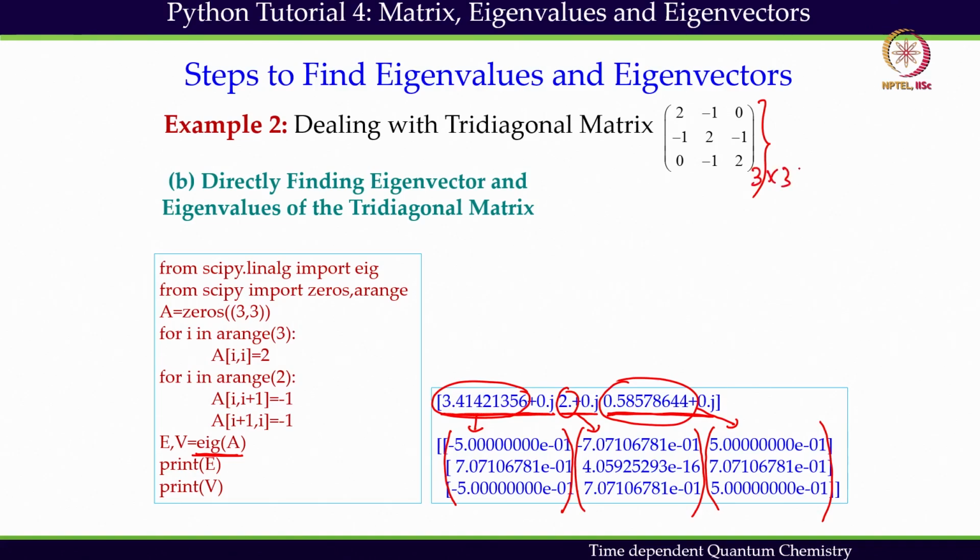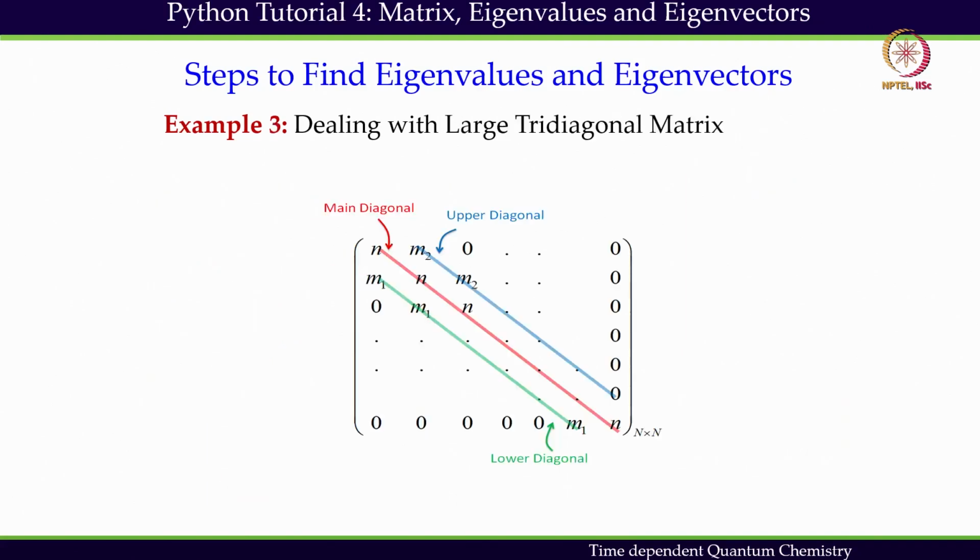In that case it can be very quick, but when we are dealing with a very large tridiagonal matrix, one can go over the elemental map of this matrix.